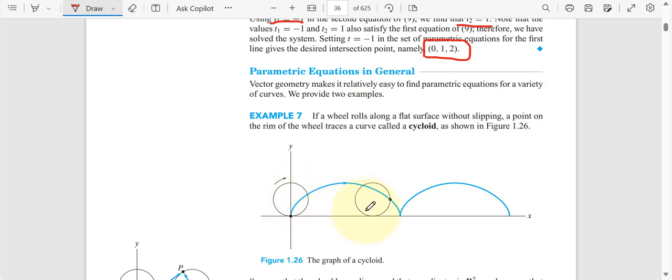As this ball rolls around, this point moves like this, and this is a pretty complicated curve. It is in the xy plane, so we could try and write it as y equals a function of x, but it's very hard to do that for this particular curve. But if we approach it with parametric equations, then it turns out to be pretty easy.